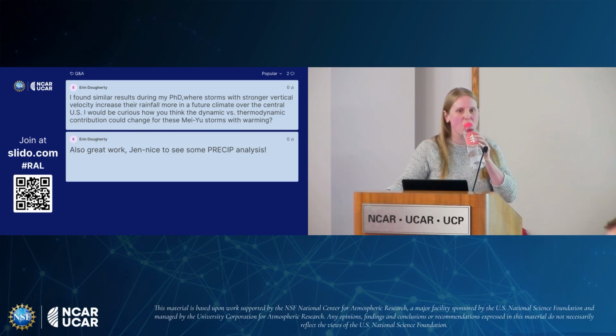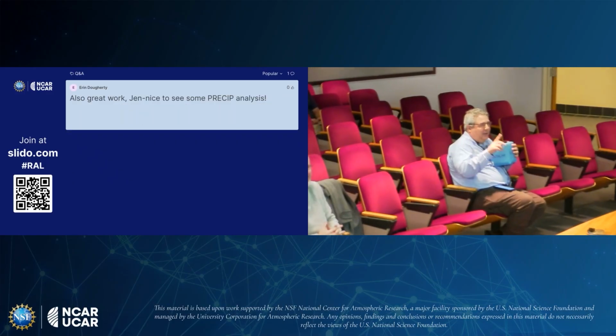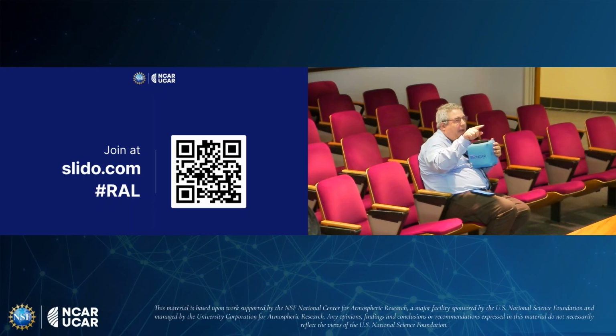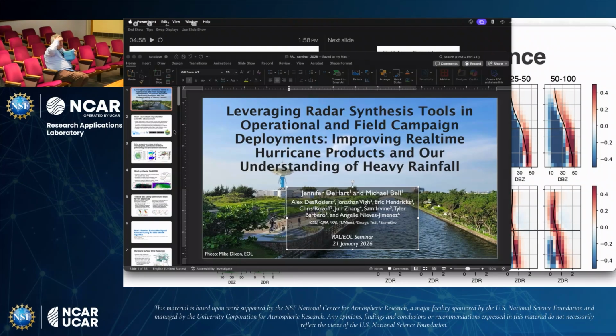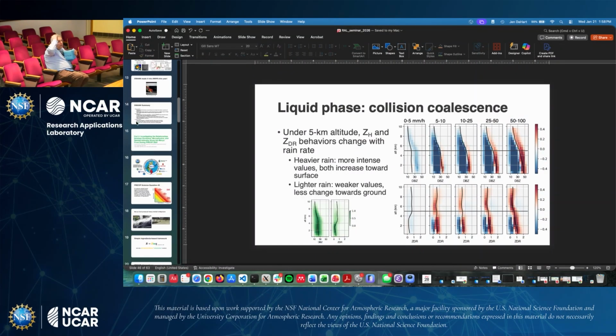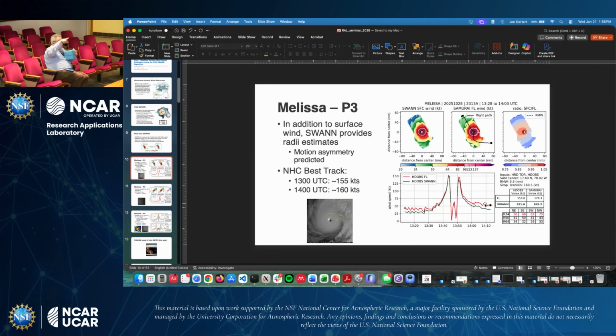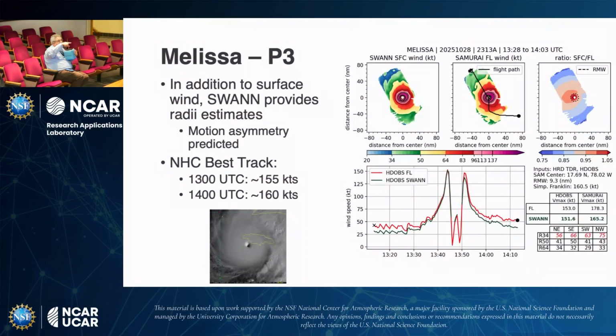Okay, one last quick question. It may not be quick, because I actually have two separate questions. Can you go back to the first part of the talk where you're doing the wind work? So you were computing those surface wind profiles from SWANN just as a line.